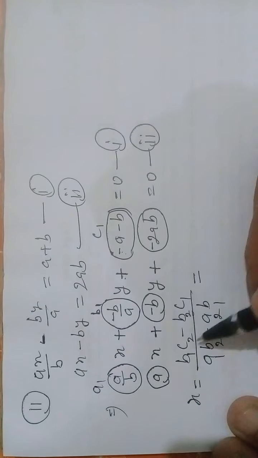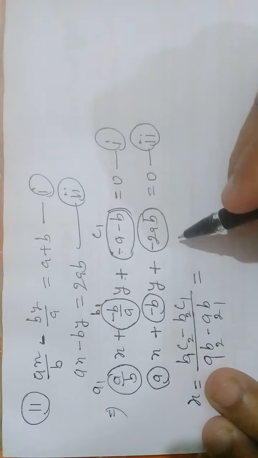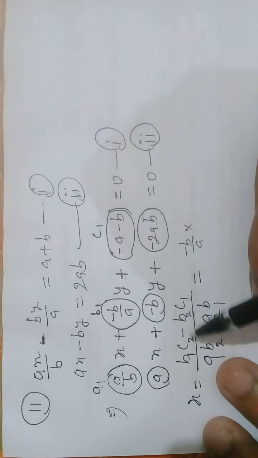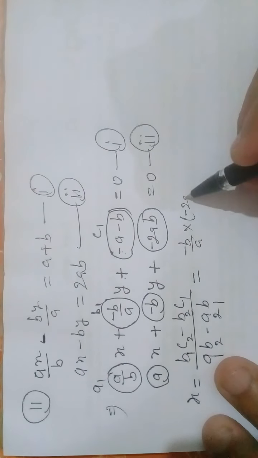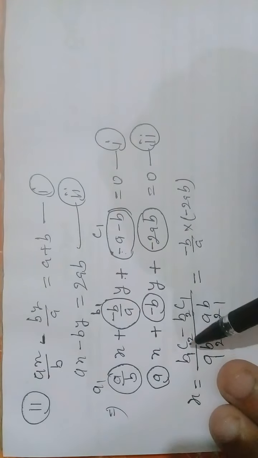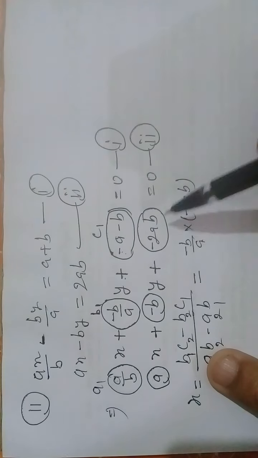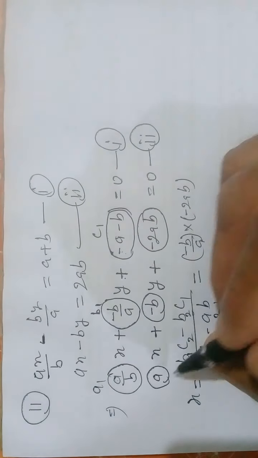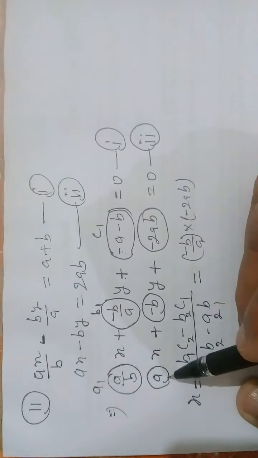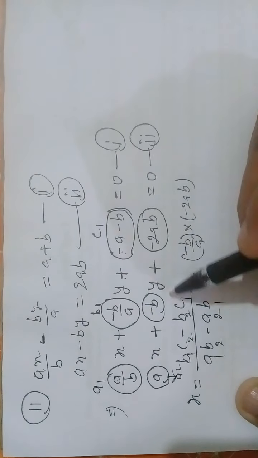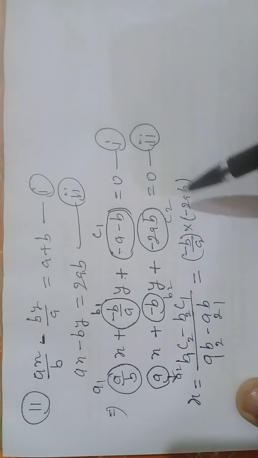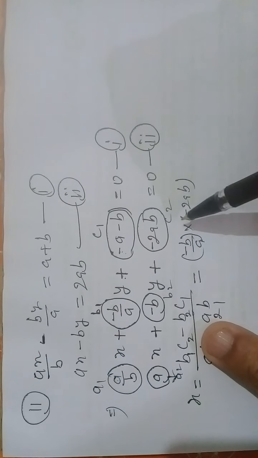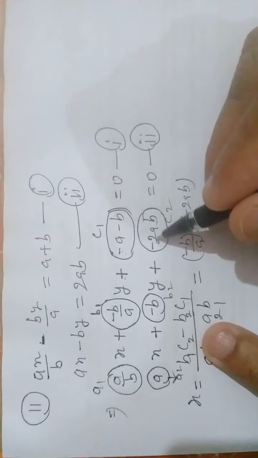Now putting the value: b1 is minus b by a into c2, where the value of c2 is minus 2ab. These are the values of a2, b2 and c2.